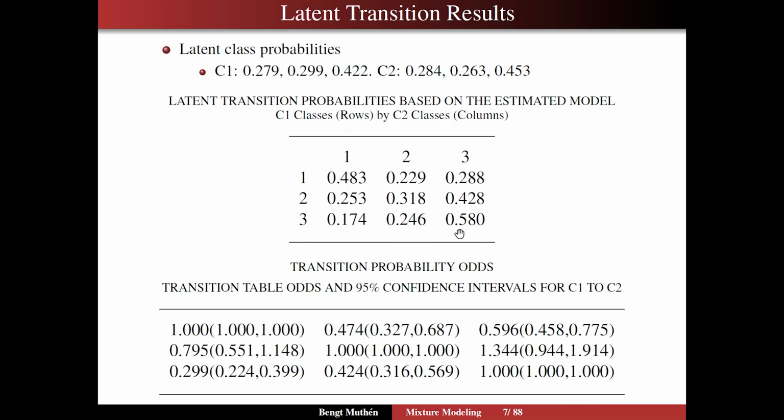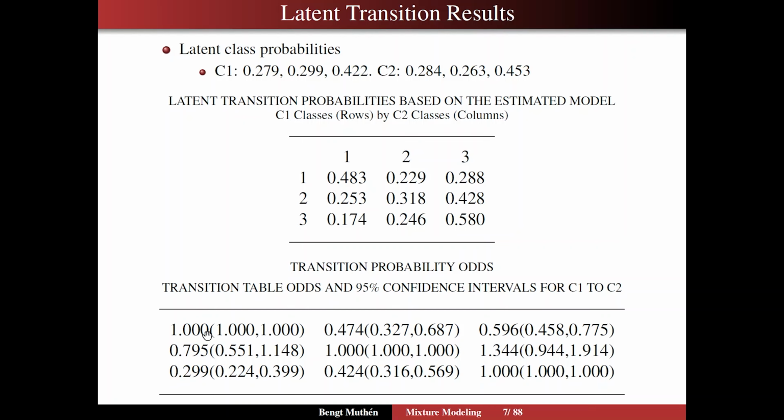What we want to do here is look at this in another metric as well, transition probability odds. So at the bottom here of the slide, you have a table where the diagonal has 1. So what we're doing is we're looking at the odds of moving to another class at time 2 versus staying in the class that you began at.